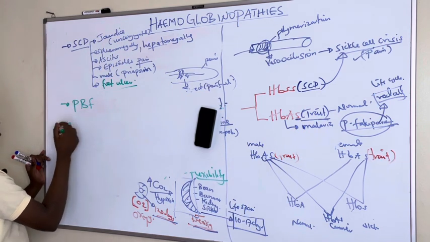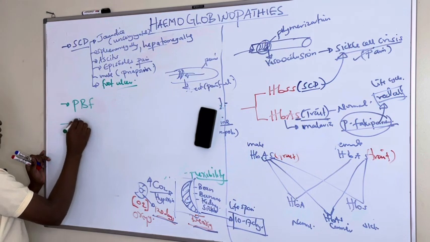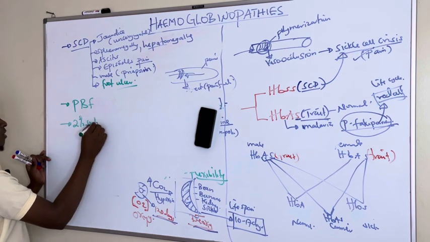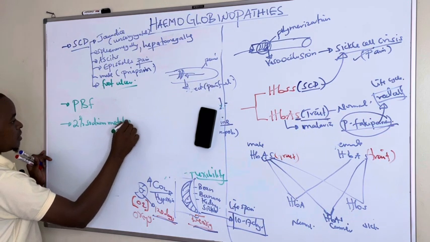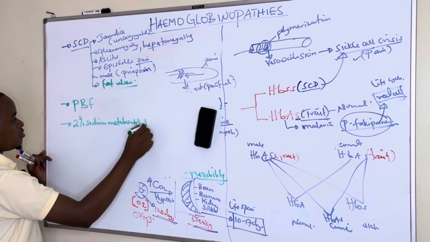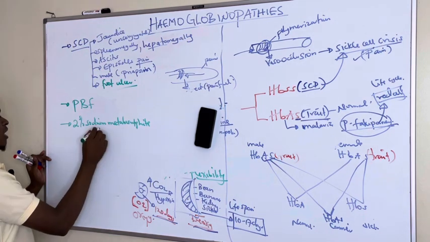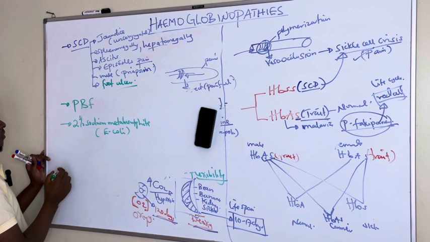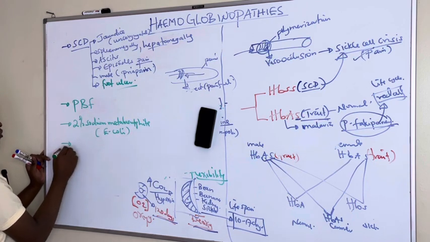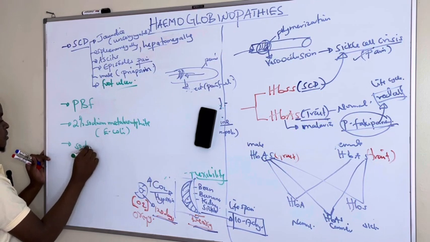One of the tests we utilize in the laboratory is the peripheral blood film comment. We are always screening them using 2% sodium metabisulfite, and if we don't have sodium metabisulfite, you can even use E. coli suspension. And this is a reducing agent. We can also use sodium dithionite.